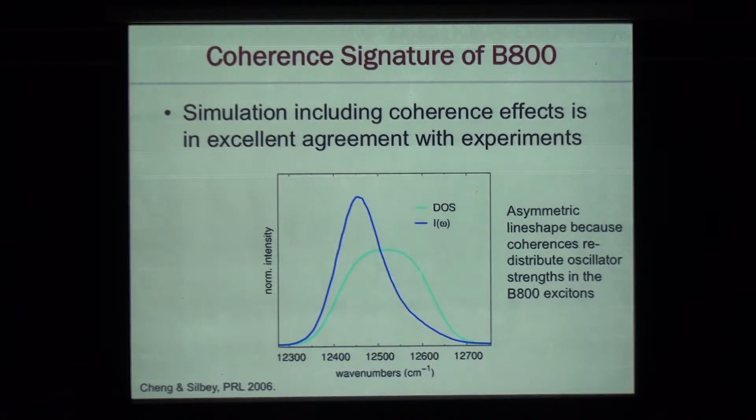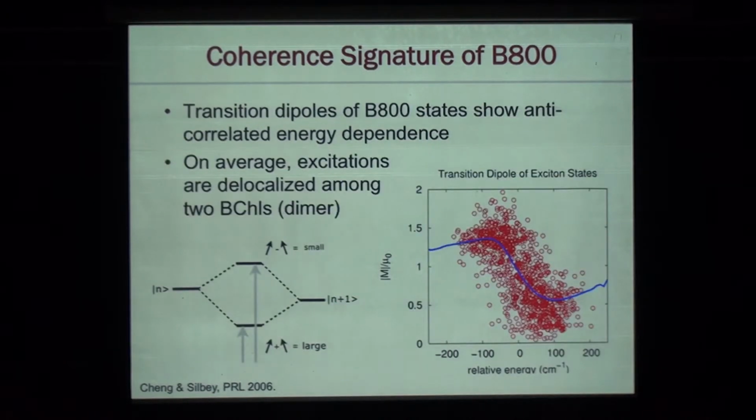At low energy, you have a larger transition dipole. At high energy, you have a lower transition dipole. Then this gives you this asymmetric band shape. And this is very easy to understand. If you have one BA100 chromophore and another BA100 chromophore, their dipoles are pointing to the center like this.